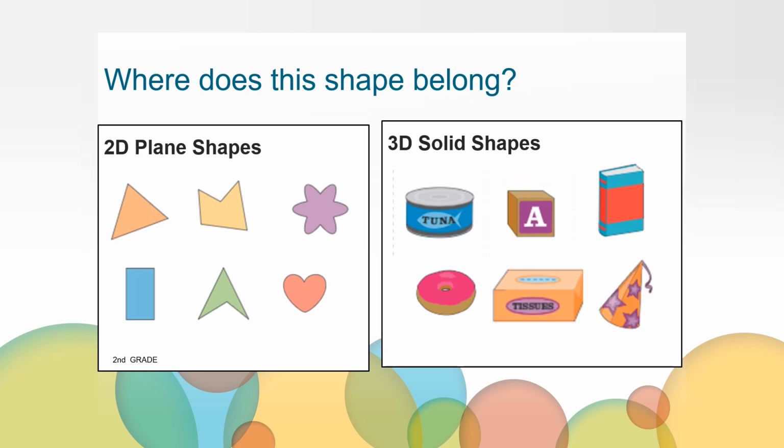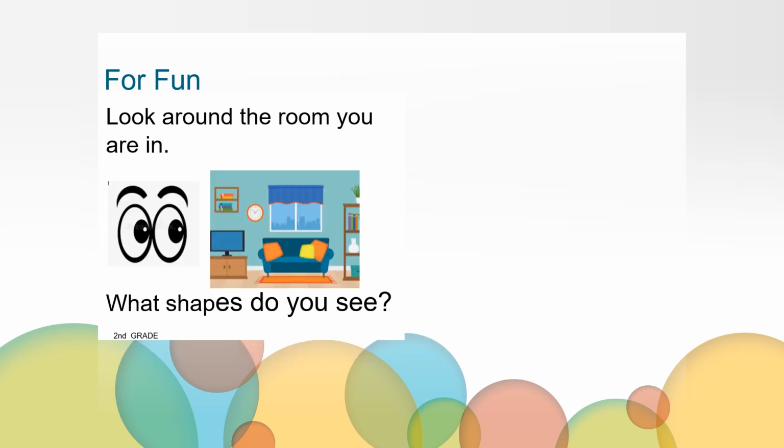We sorted all of the shapes into plane shapes, two-dimensional shapes, and solid shapes, three-dimensional shapes. How did you do? Just for fun, as you go about your day today, see what kinds of plane and solid shapes you find around your house.